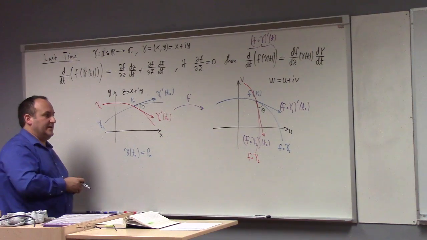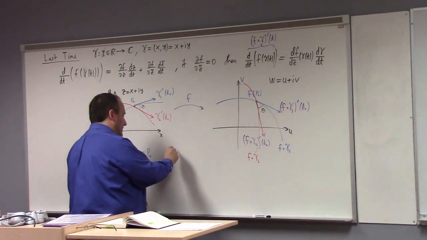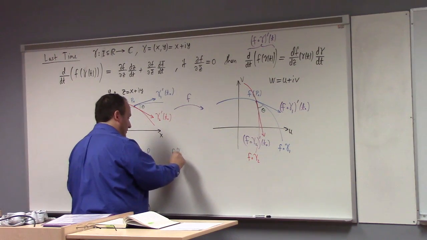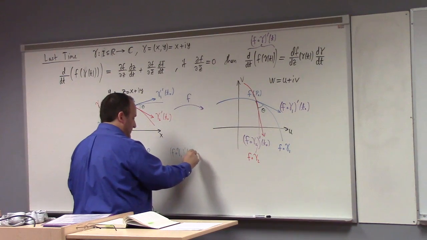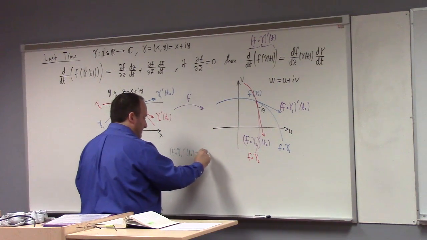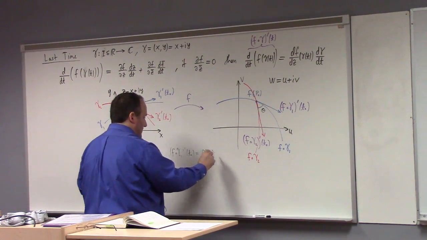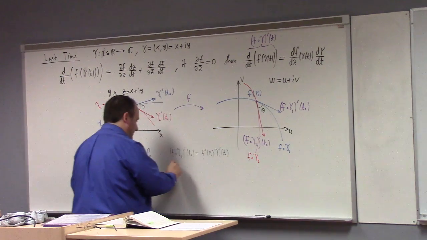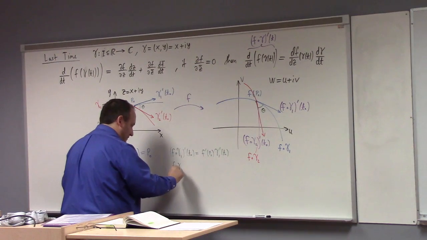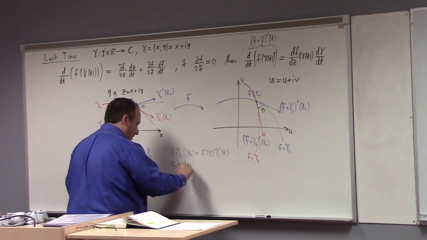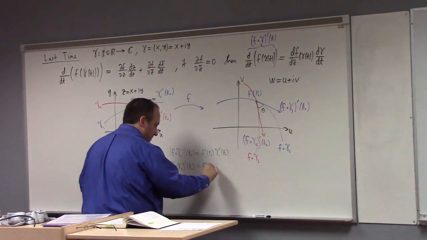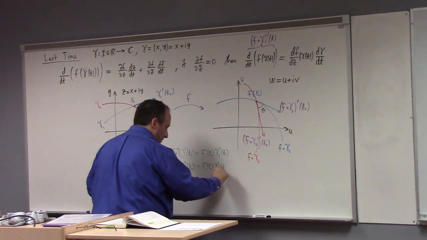I have F composed with gamma 1 prime of t naught equal to F prime of p naught times gamma 1 prime of t naught. And I also have F composed with gamma 2 prime at t naught equal to F prime of p naught times gamma 2 prime of t naught.